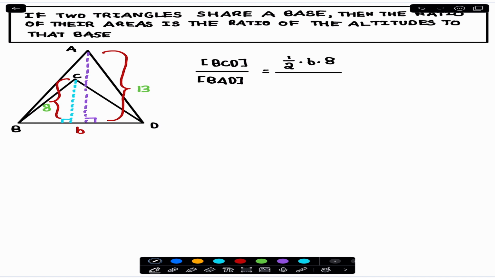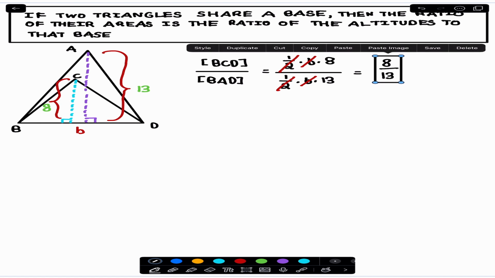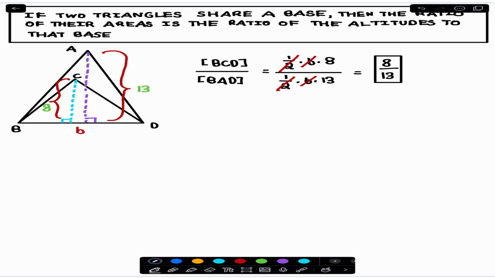And then in triangle BAD, half times the same base. They share a base, remember, but the height's a little bit bigger. So we get a ton of stuff goes away, and we're left with 8 over 13. Which is the exact same as these numbers over here, which we can just read. Again, because they share a base, this cancellation takes effect.